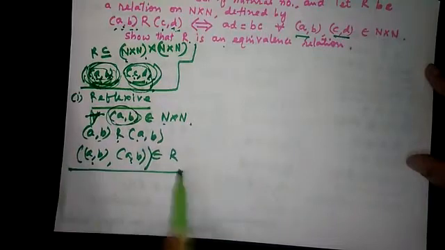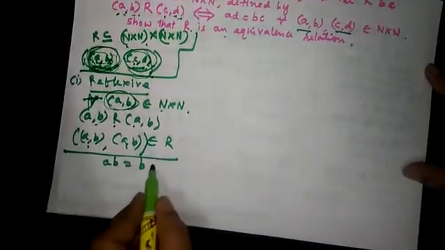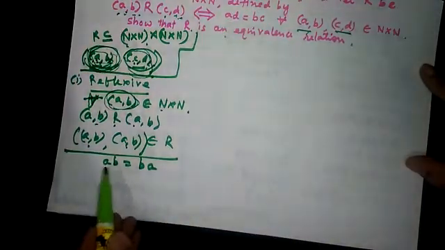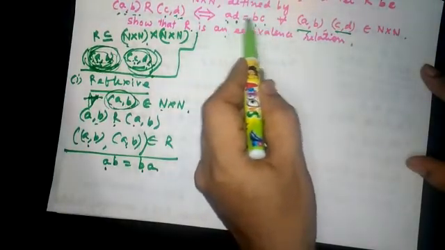Correct? Let's prove this. Can I write AB equals BA? I can always write that, by the commutative nature: 2 into 3 equals 3 into 2. Now look at this: (A,B), (C,D). If AD equals BC, then AB is related to CD.